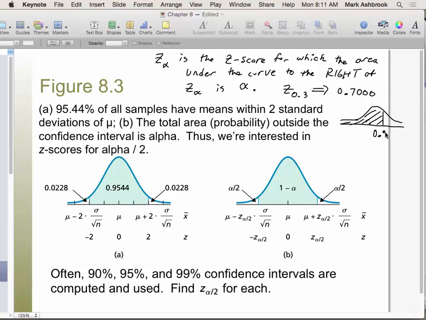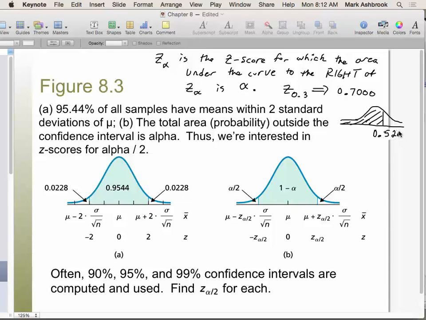0.52 is the closest one, so a Z-score of about 0.52. That's Z of 0.3, because 30% of the data lies to the right and 70% to the left. Oh, between.